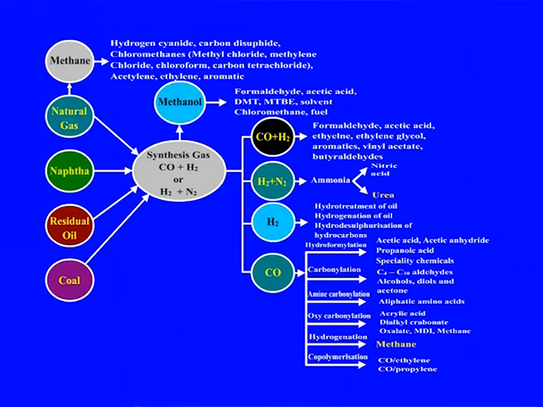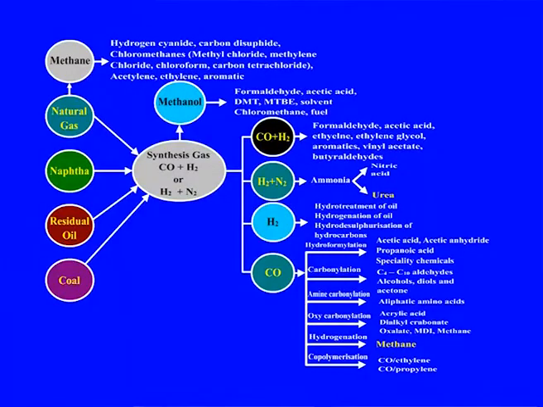Then there are solvents, chloromethane, and fuel, because there is a lot of discussion about why not use methanol as a blend in gasoline. Synthesis gas through methanol goes to formaldehyde, acetic acid, ethylene, ethylene glycol, aromatics, vinyl acetate, and then butyraldehyde.